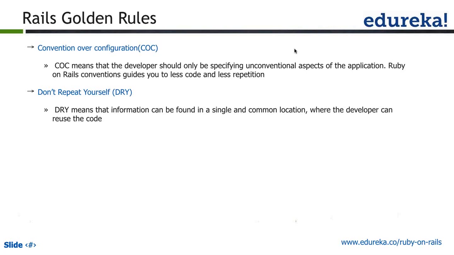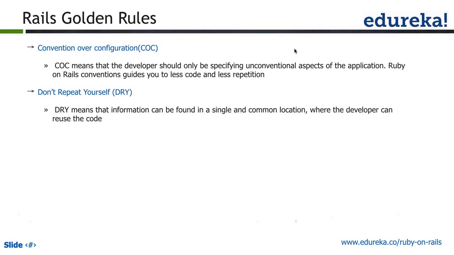You have to set all those things. But in Rails, you don't have to. You just say, this is my application name, and everything else is taken care of for you. If you want to change some of those things, you can, of course, but you don't have to. That's the basic golden rule of Rails, which is making it so popular.